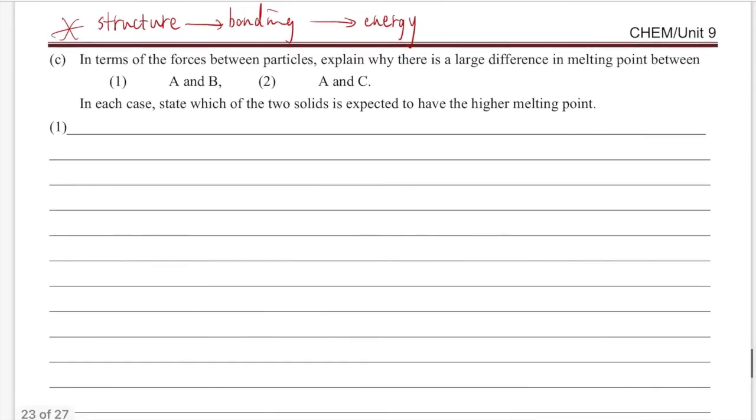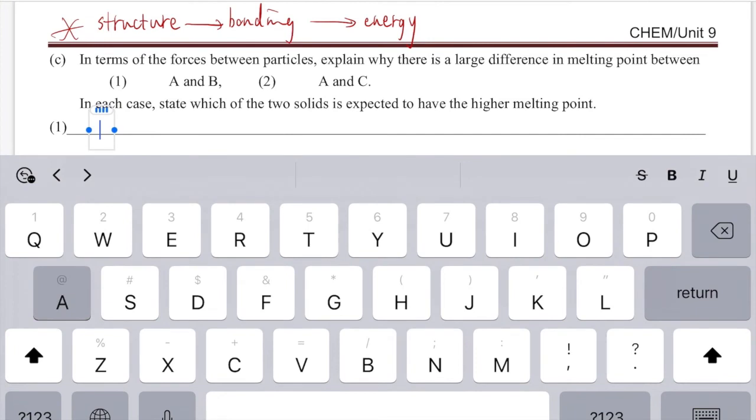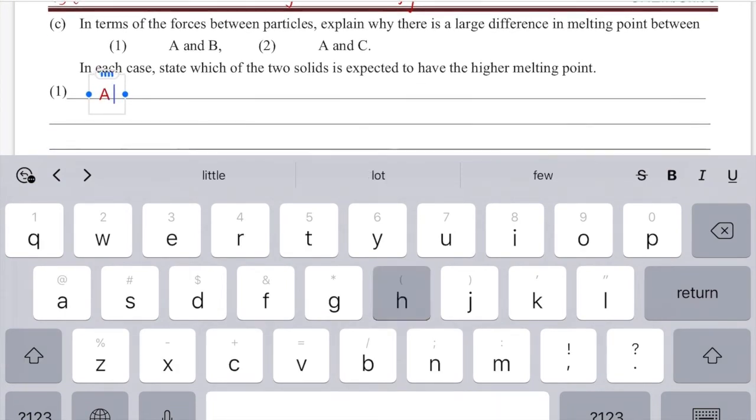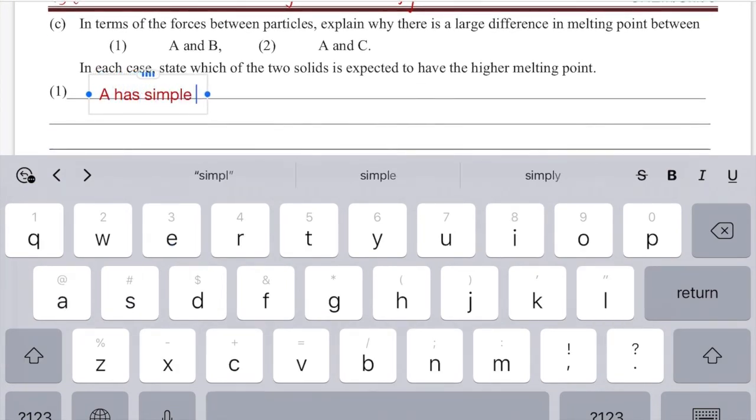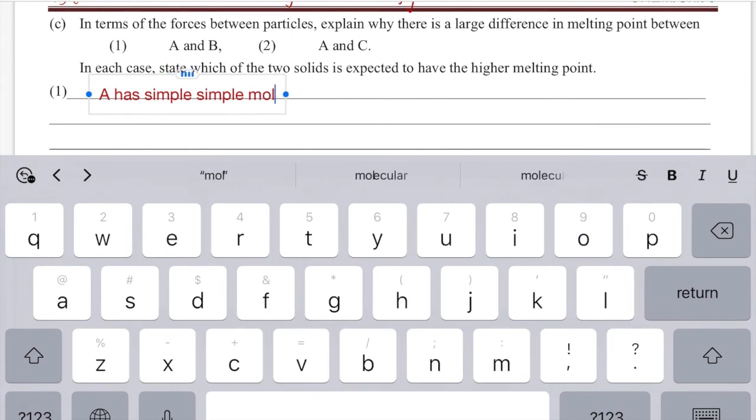Okay, so let's take a look at A and B. We're comparing the melting point. So just now we saw the diagram. A has simple molecular structure, B has giant ionic structure. So we're going to begin with that part. Right, so A has simple molecular structure.